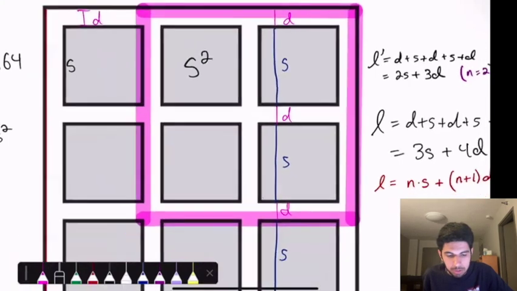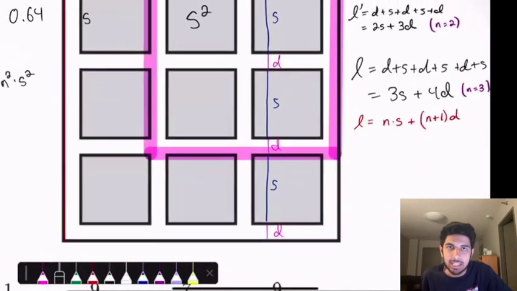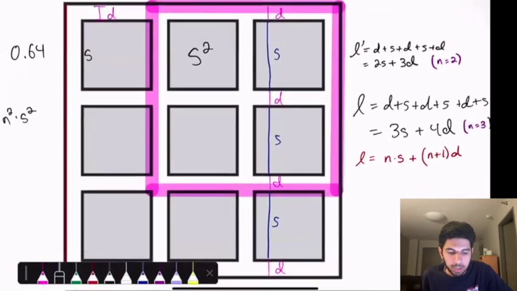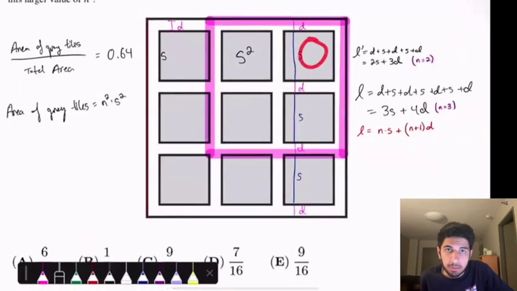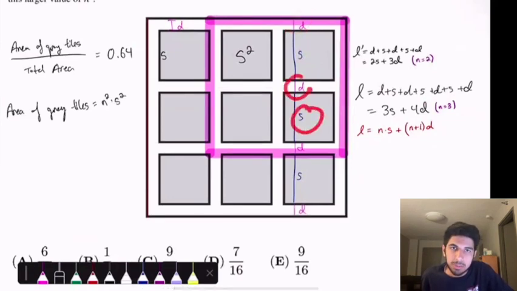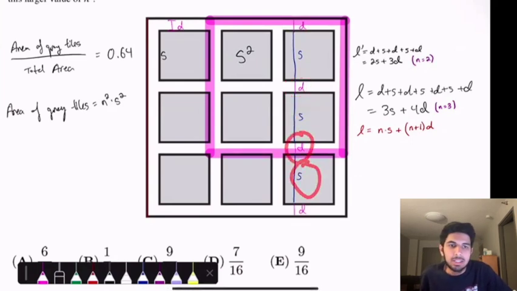That holds true when we consider the n equals 3 case, where for this square in the top right, we have a corresponding border right above it. For the next square, there's also a corresponding border right above it, and so on. And that's how we construct this side length.